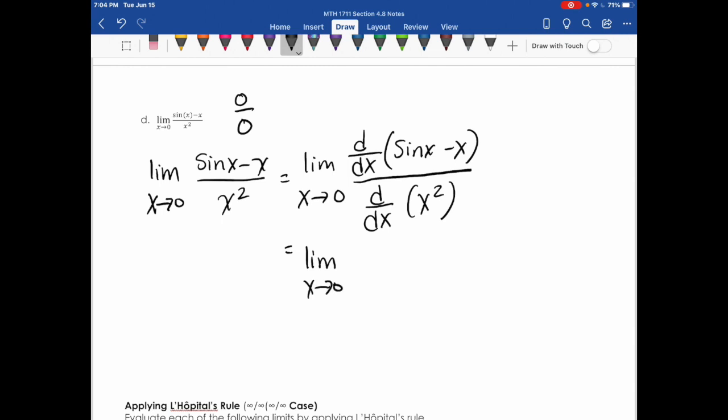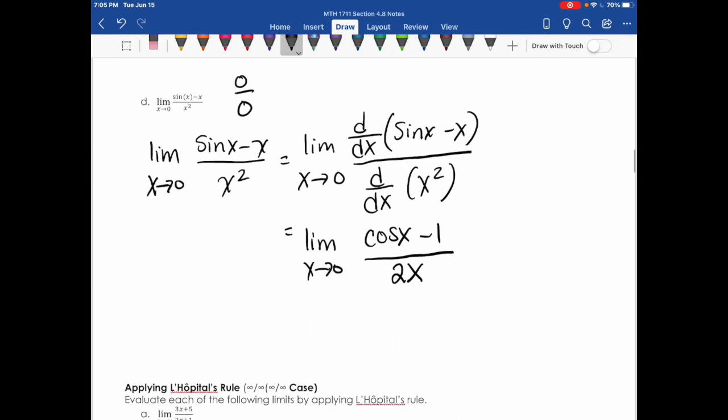Now when I take the derivative of sine x, I'm going to get cosine x. When I take the derivative of that minus x, that's going to give me a minus 1. When I take the derivative of x squared, that's going to give me 2x. So now when I plug in 0 and try the limit laws and direct substitution again, we get, if you notice, again, 0 over 0.